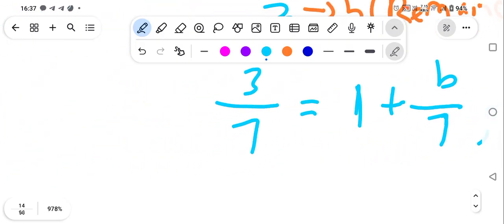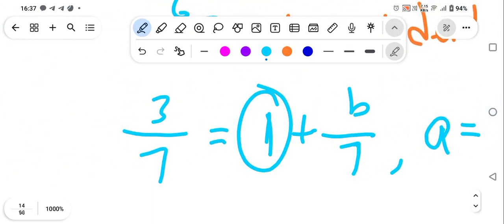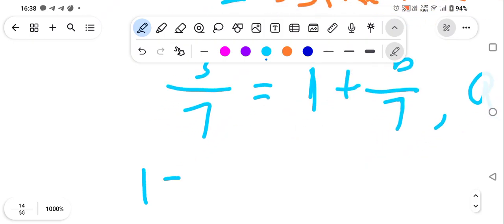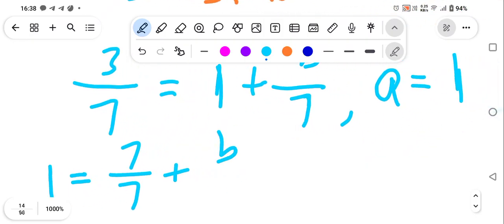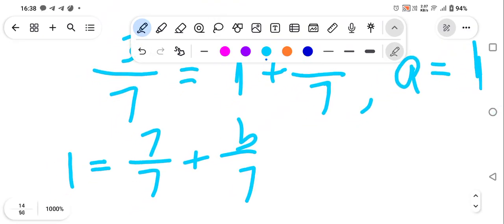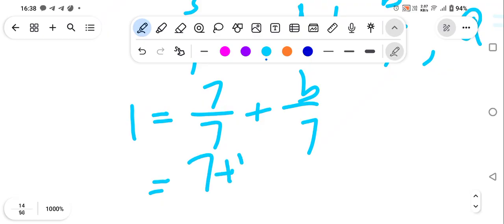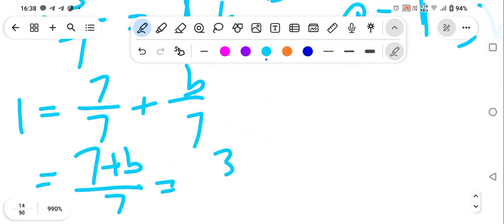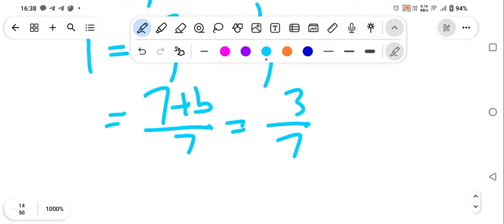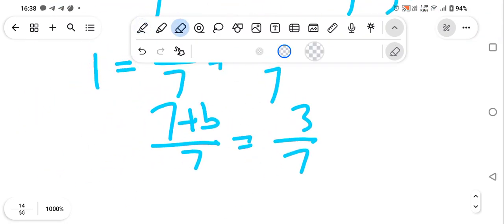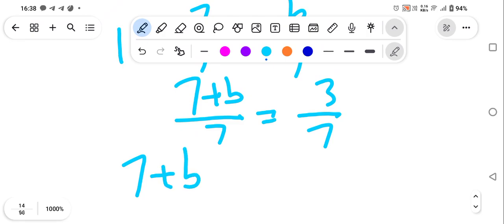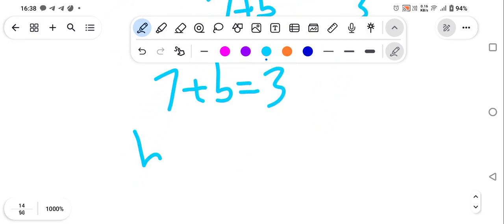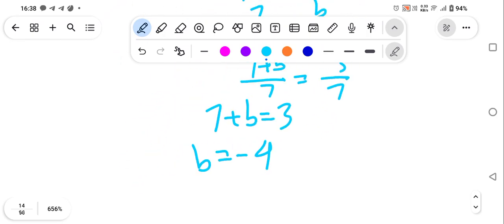Alright. So what is actually a 1? You know that 1 is 7 over 7, right? And this will be b over 7. So 7 plus b over 7 will be equal to 3 over 7. So from this, you can clearly see that 7 plus b equals 3. b will be equal to negative 4.